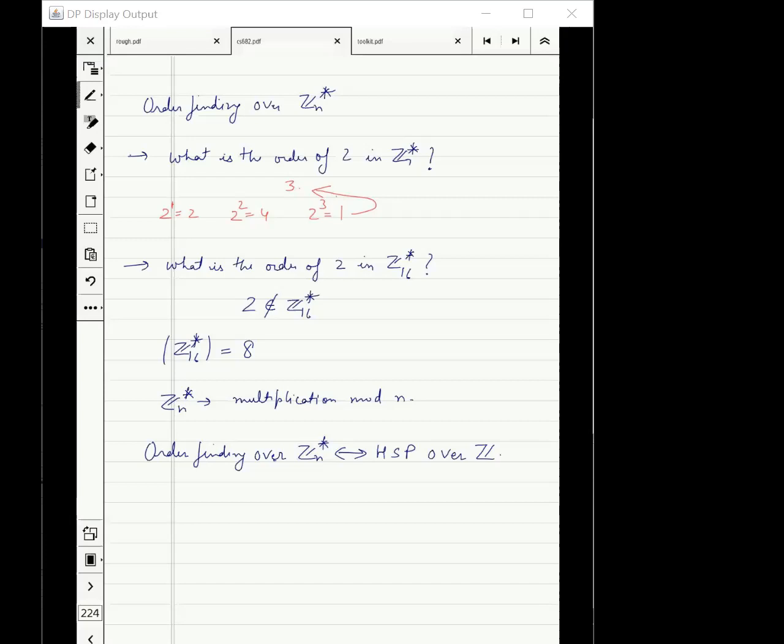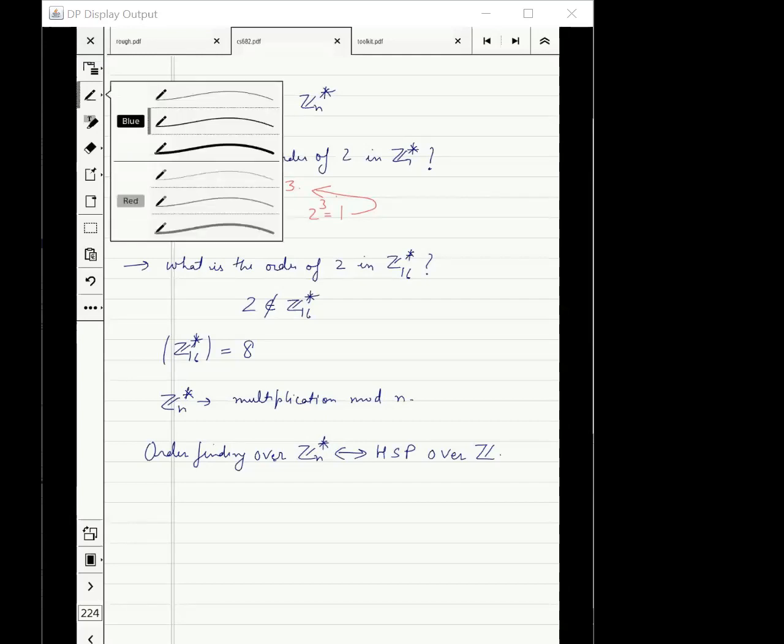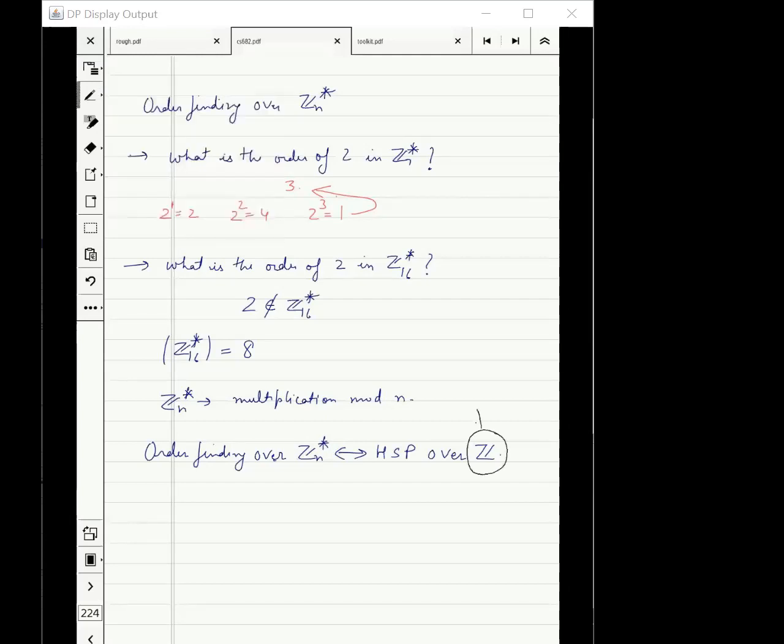Because we cannot always solve HSP. Z is abelian, but it is not finite. That's why it does not directly give us an algorithm for order finding. We need to specify how to solve order finding, and that's something we will see in the next lecture.